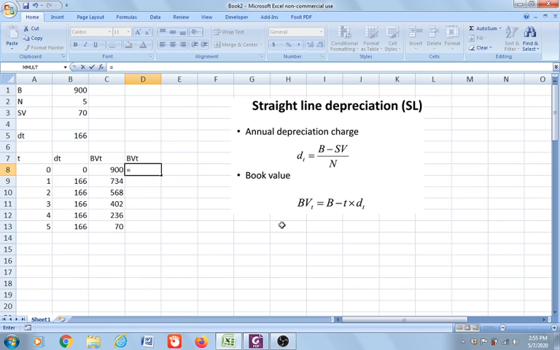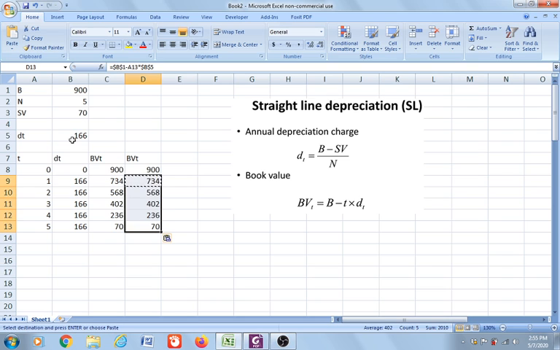So BV in year 0 is just the basis, and BV in year 1, according to this equation, will be the basis minus T, the year, times DT. We copy down everything and paste, and we will get the same thing. So that is the first method, the straight line depreciation method.